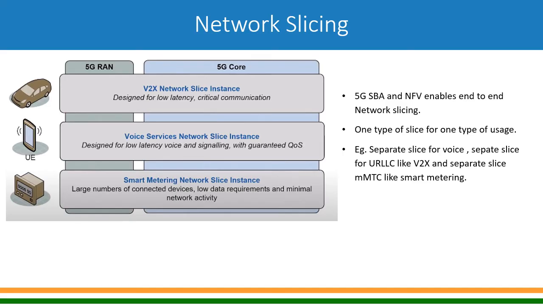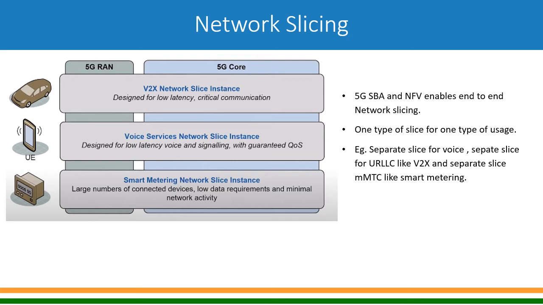Network slicing: 5G service-based architecture and network function virtualization enables end-to-end network slicing. One type of slice is used for one type of service requiring a specific quality of service. For example, a separate slice for voice, which requires guaranteed bitrate and low latency.